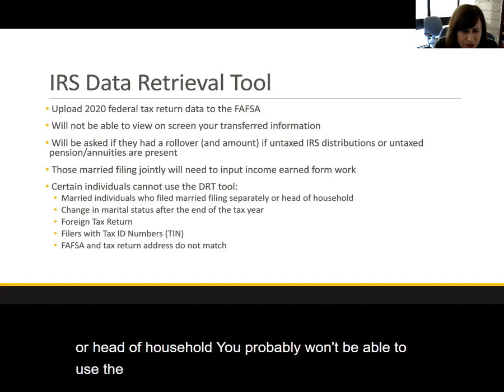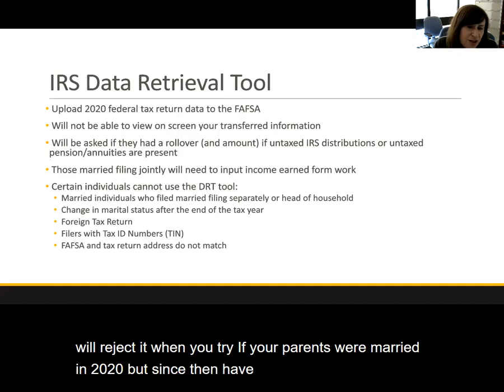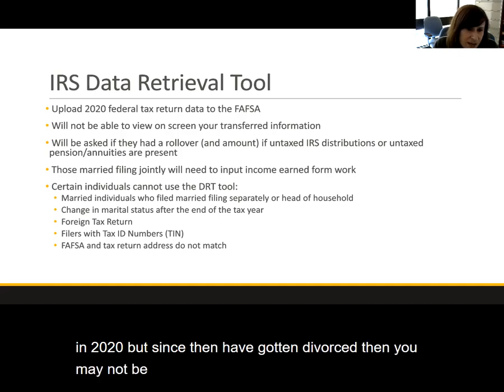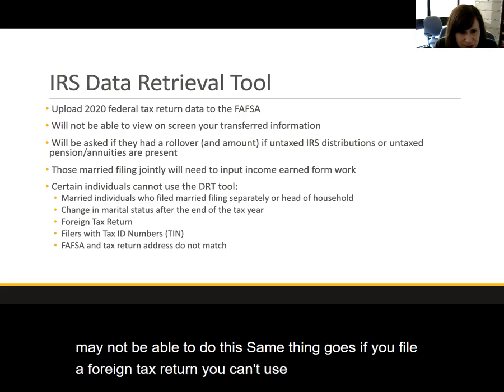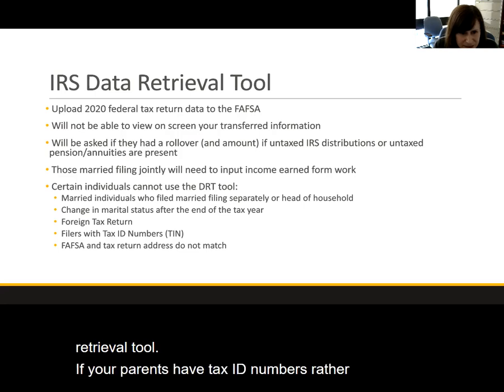It will probably not give you the option, or it will reject it when you try. If your parents were married in 2020, but since then have gotten divorced, then you may not be able to do this. Same thing goes if you file a foreign tax return, you can't use the IRS data retrieval tool. If your parents have tax ID numbers rather than SSNs, they may not be able to.